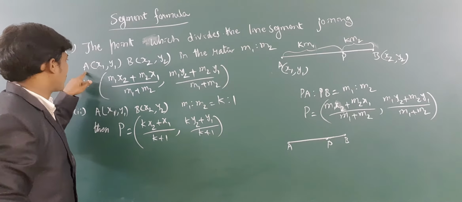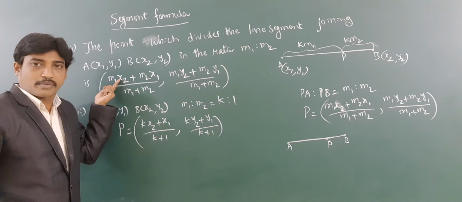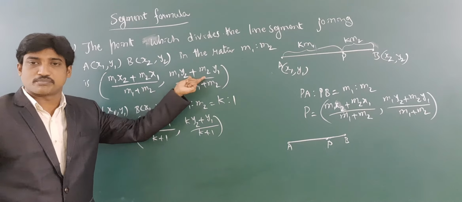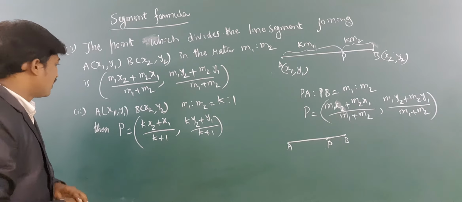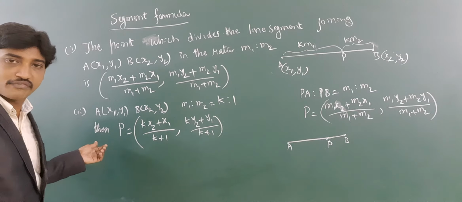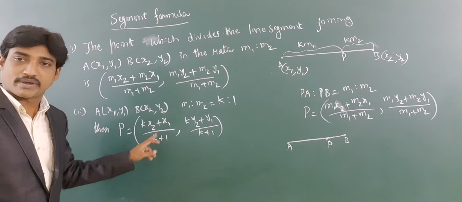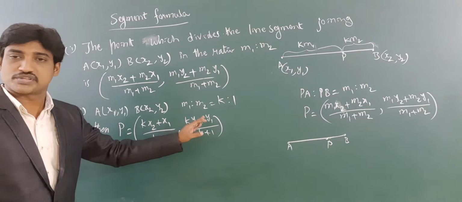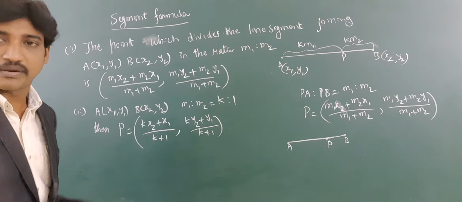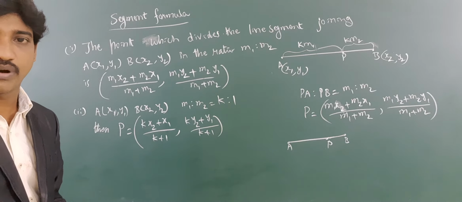So the section formula in the case of the ratio m1 is to m2 and endpoints of the line segment A(x1, y1) and B(x2, y2) is ((m1 x2 + m2 x1)/(m1 + m2), (m1 y2 + m2 y1)/(m1 + m2)). In case the ratio is k to 1, we can write this section formula as ((k x2 + x1)/(k + 1), (k y2 + y1)/(k + 1)). Using this formula we can find the internally dividing point.